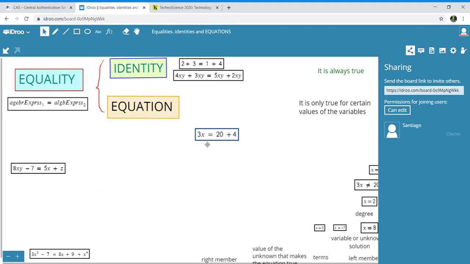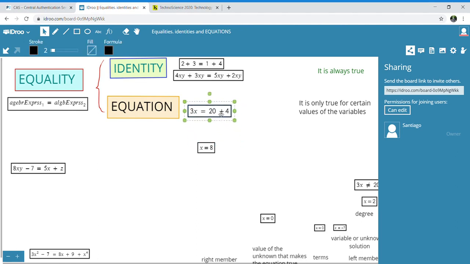If you give, for example, the value 0 to x, 3 times 0, which is 0, is not equal to 20 plus 4. But if you give the value 8 to x, 3 times 8, which is 24, it is true. So this equality, 3x equals 20 plus 4, is an equation because it is true for this value and it is not true for another value.